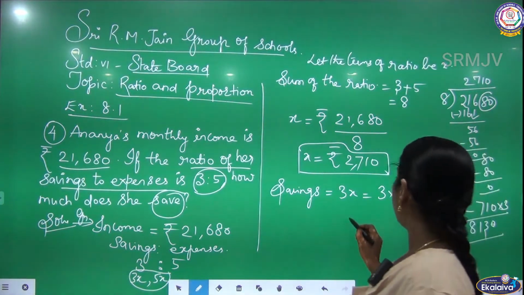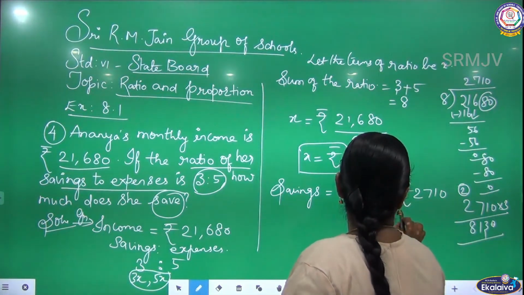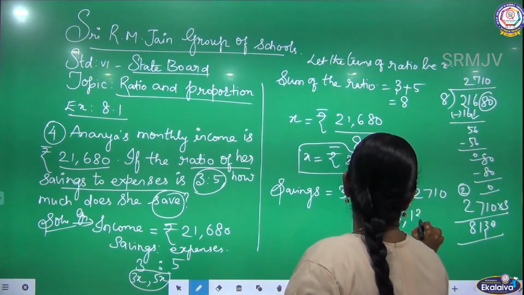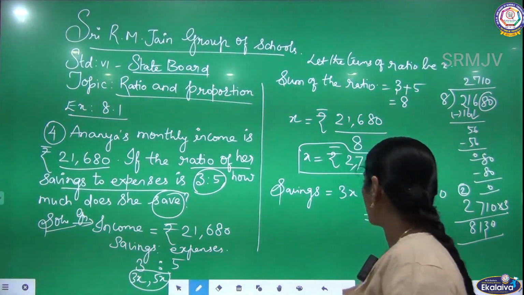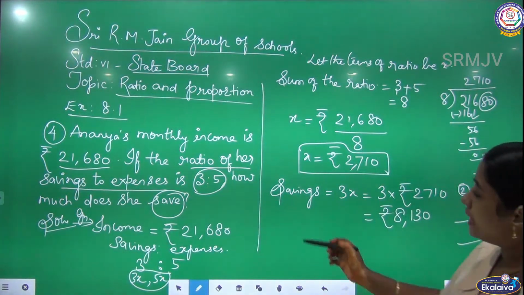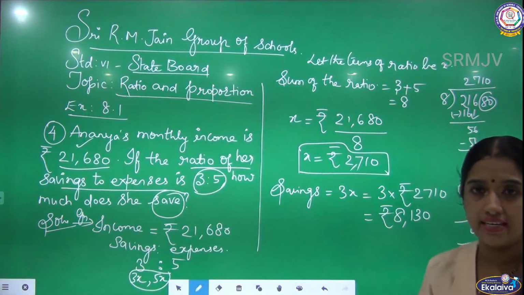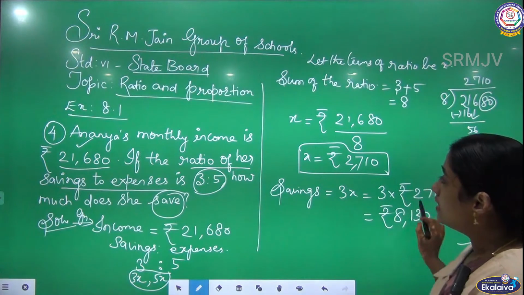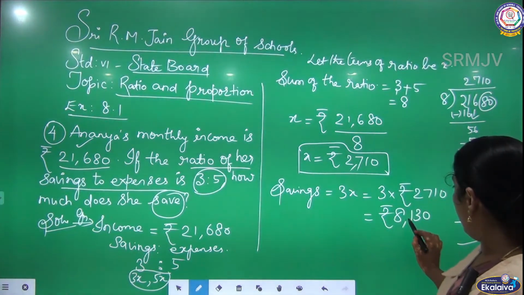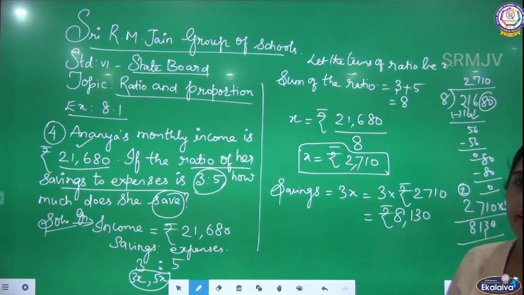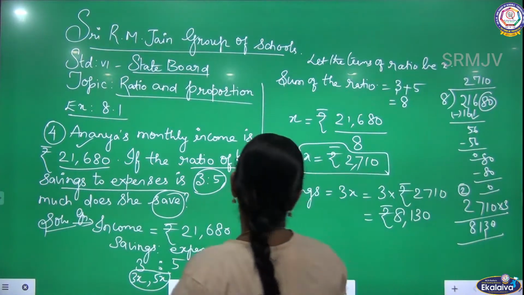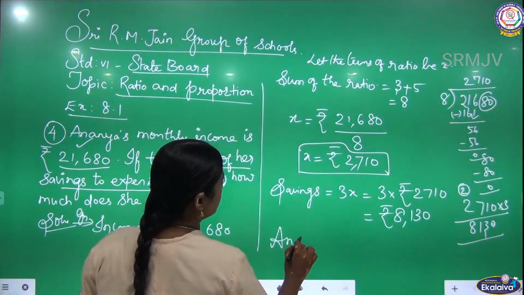So your answer is 8,130. Got it? Out of the monthly income 21,680, she is going to save 8,130.